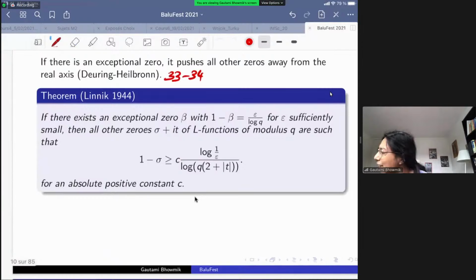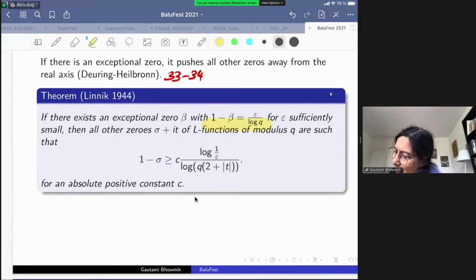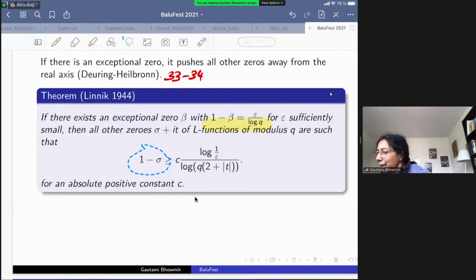And what does it say? That if there is an exceptional zero, we call it beta, with the property that 1 minus beta is less than epsilon divided by log q, and epsilon is rather small, then all other zeros of an L function with modulus q satisfy that 1 minus sigma is bigger than some constant c times log 1 by epsilon, divided by log of q times 2 plus absolute value of t.